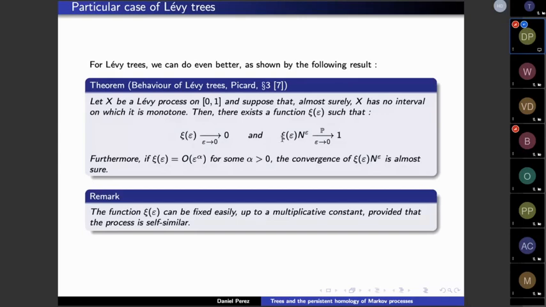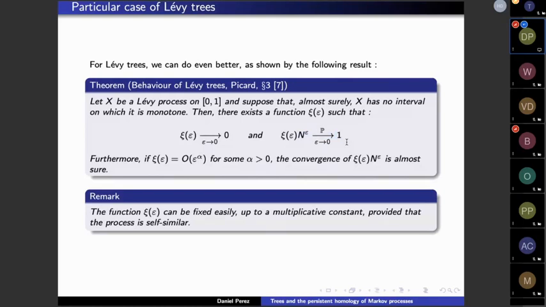And if you take this product here, in probability, it will tend to 1. And so if we know something about the growth of this psi epsilon, then in fact we can say that the convergence here is actually almost sure. So this is actually quite a powerful statement.